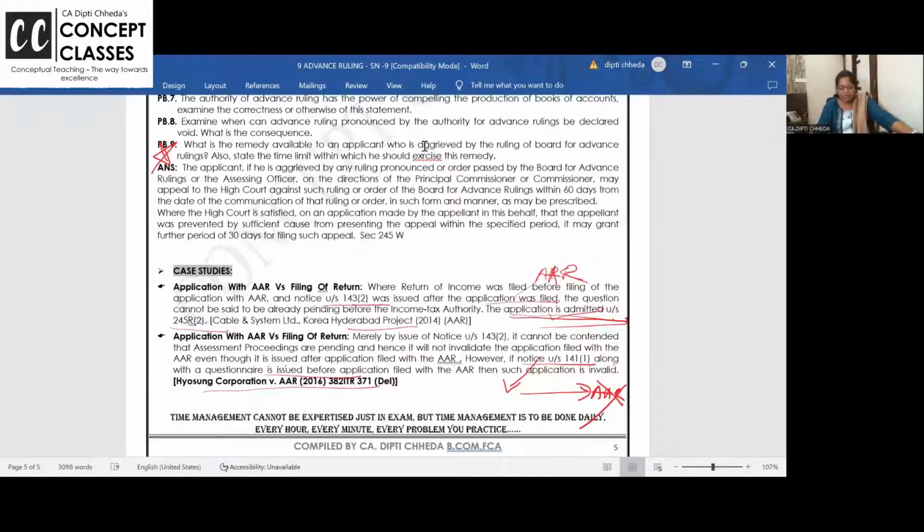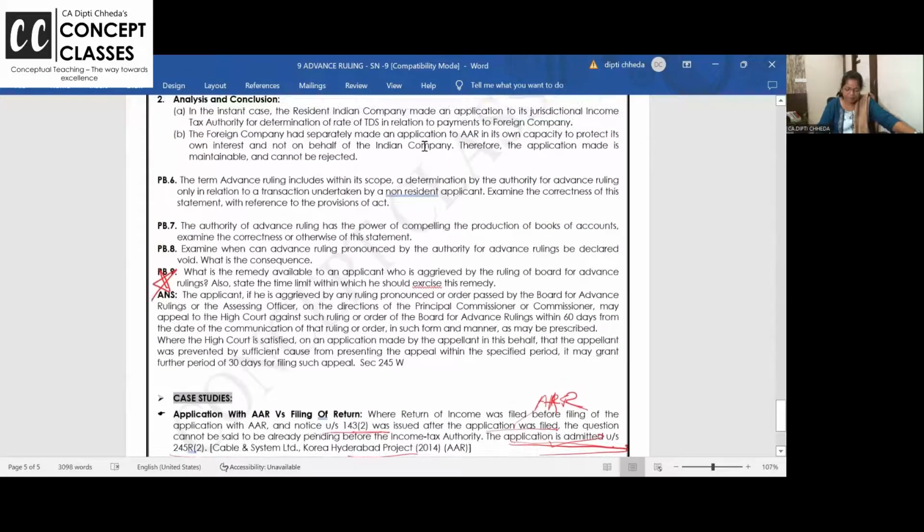They ask theory also in the form of case study only. Like the ninth one I said they can ask you. It's a theory question. Marked important, latest amendment. What is the remedy available to an applicant who is aggrieved by the ruling of the board for advance ruling? I am not satisfied, I am aggrieved.